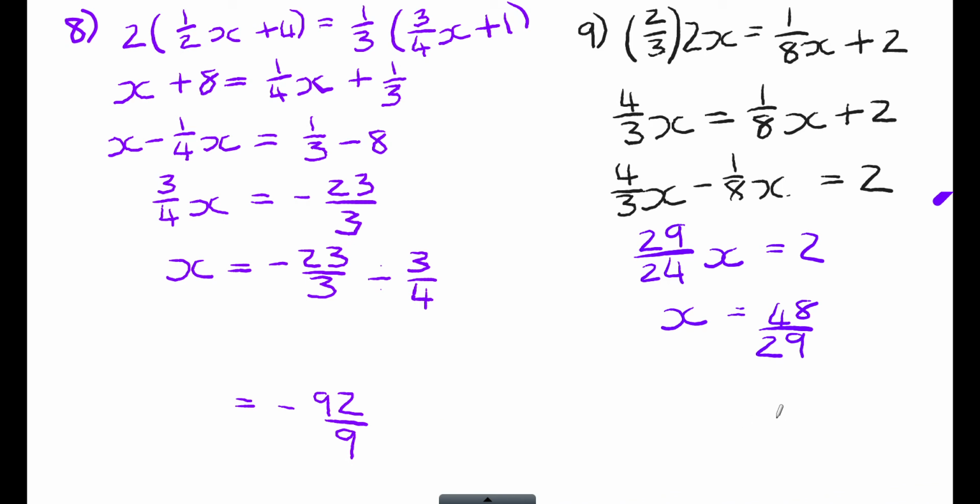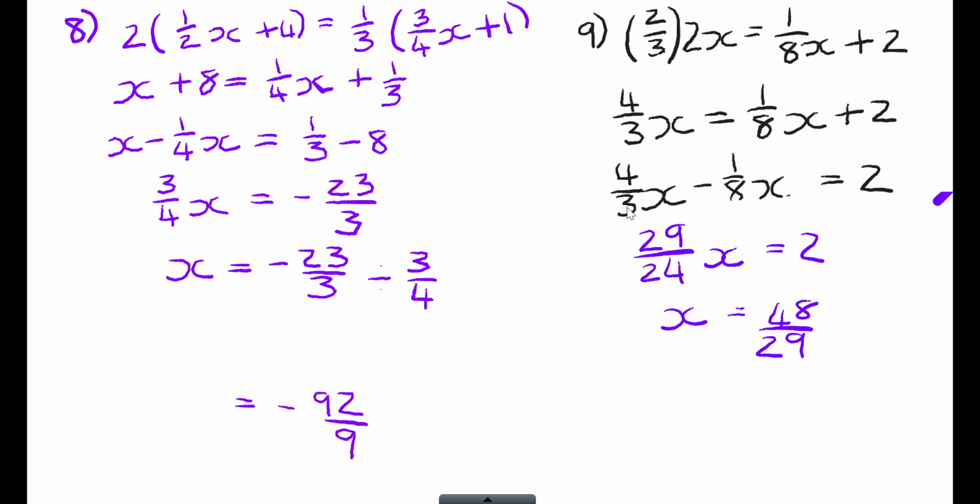Okay, number 9. We first got to sort out these two by multiplying them. So 2/3 times 2x is going to give me 4/3x. Now I want unknowns on the left, which means that this 1/8x has got to move over, and it then becomes the minus 1/8x.